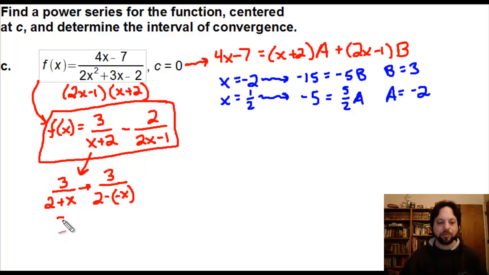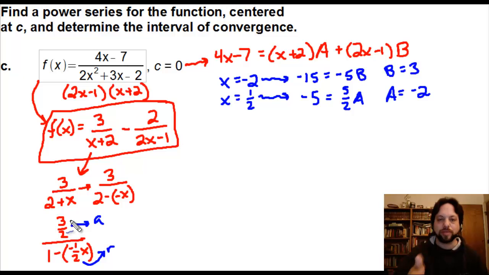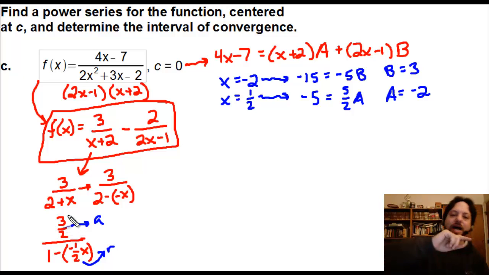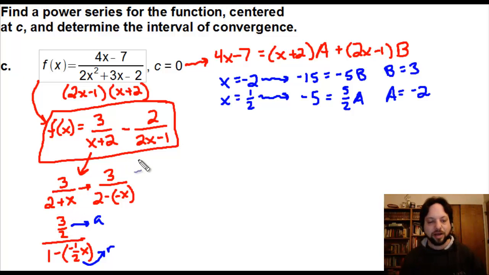And so what I'm going to end up with is 3/2 divided by 1 minus, and then this will be negative 1/2 x. So there is my sum. From here, you can notice that the top is a, and this term down here is r. And that will enable you to make a power series out of that fraction. Now, if we take a look at the other fraction, let me draw a divider here.